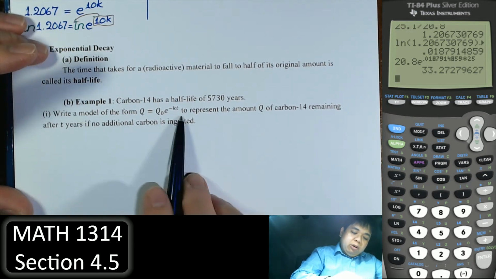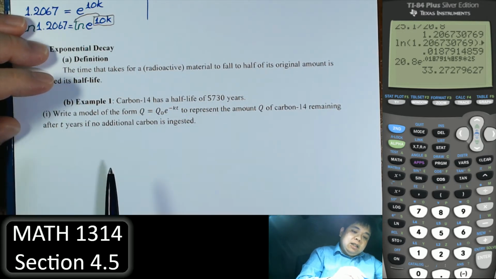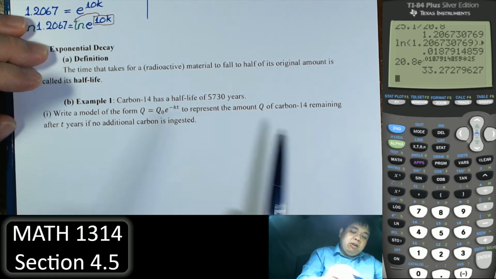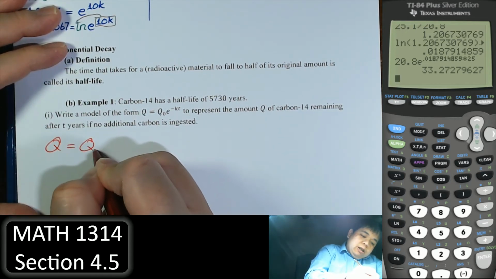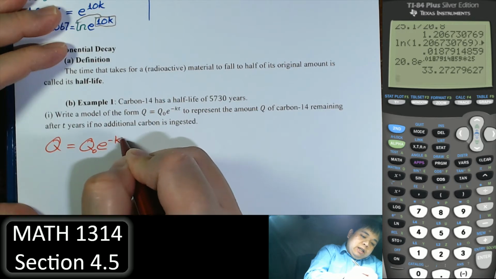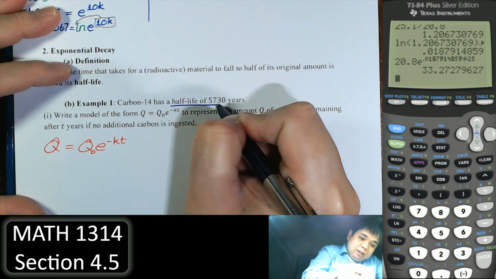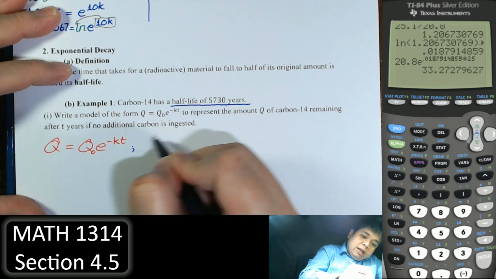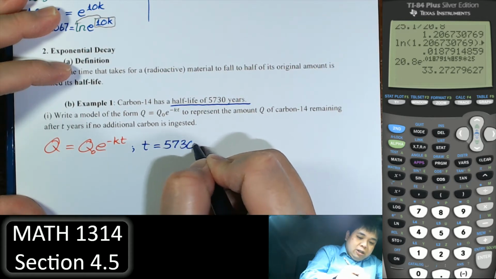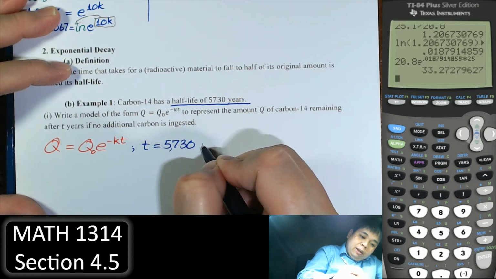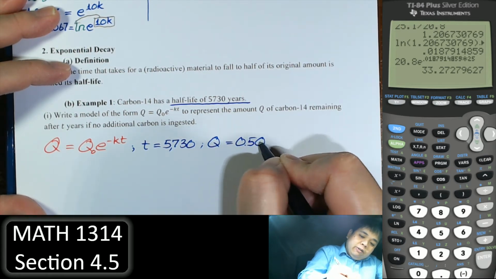So write the model here remaining, and we use the half-life of carbon-14, which is 5,730. So we have Q equals Q naught e to the negative kt, and this is half-life, meaning that in 5,730 years, it will become half of the original amount.